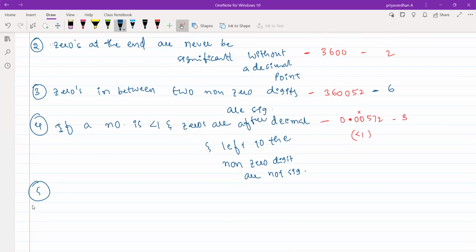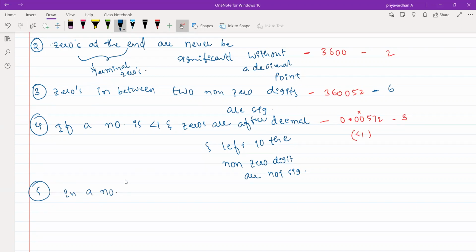Nice. Okay. So trailing zeros we have always seen. We have taken zeros at the end. Zeros at the end are also known as terminal zeros. Well and good. By any chance, if there is a decimal point, then zeros after the decimal point that come after a non-zero digit are significant.